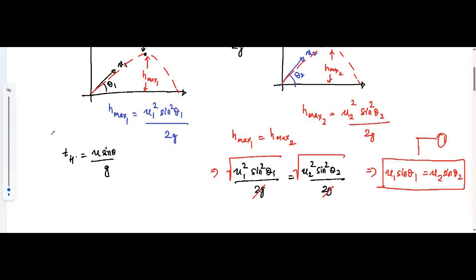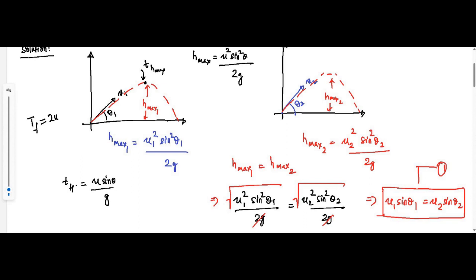Now the time of flight formula, what is that? Time of flight of an individual projectile is equal to 2u sine theta by g.